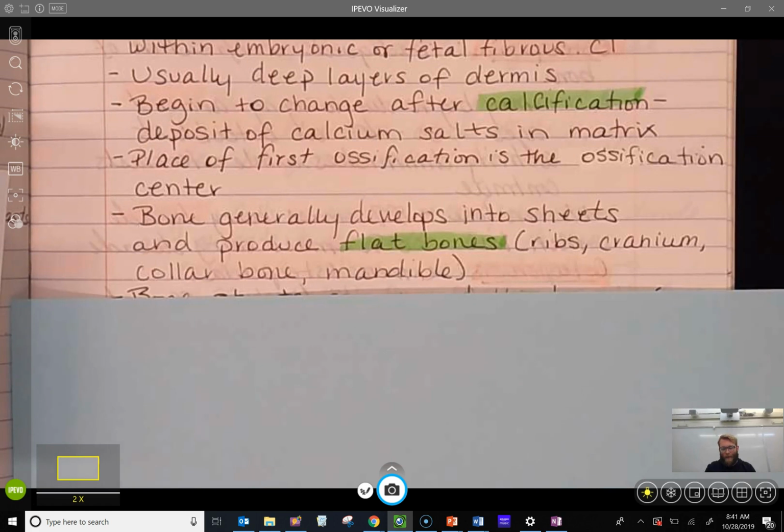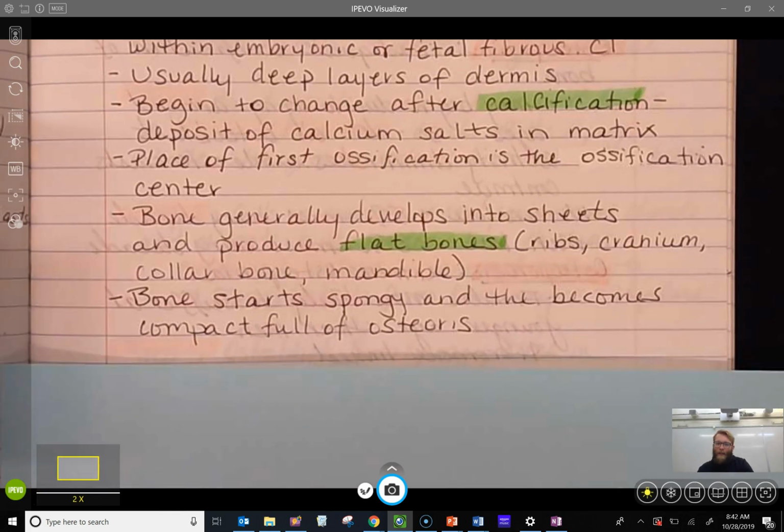Your flat bones are flat because they were layers of membrane coming together and solidifying. This produces those sheets of bone as they fuse at sutures and symphyses, keeping those bones together until they're one solid piece.